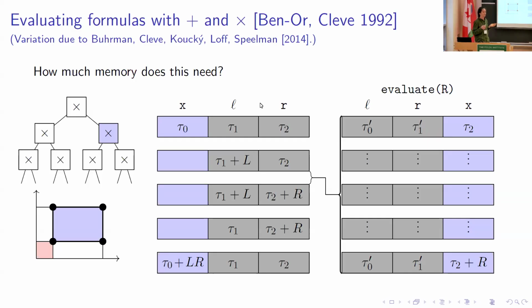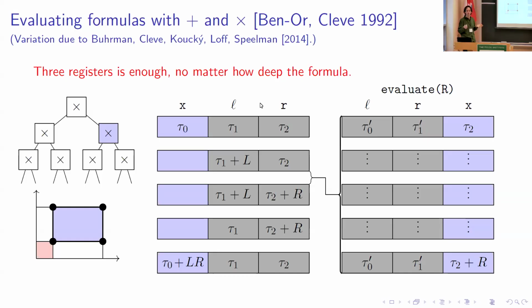Clean subroutines are designed to deal with a situation where the memory is already in use. Okay, so L and R start out with some arbitrary values, tau 0 prime and tau 1 prime. When the subroutine finishes, those will be restored, and the X variable will have had the value R added to it as required. So what's the point? The point is, no matter how many layers deep our tree is, 3 memory locations is enough to do this whole algorithm.